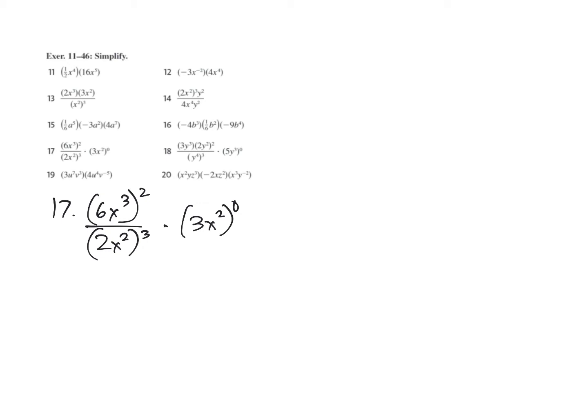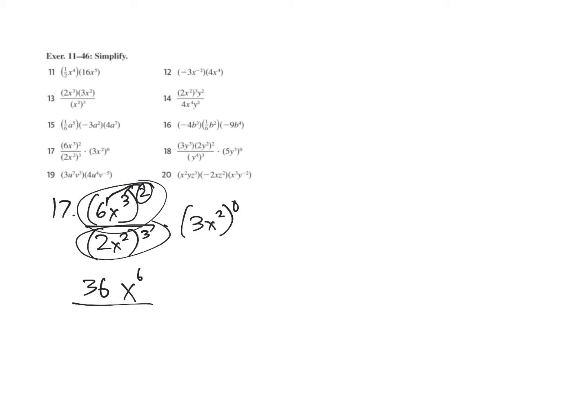Okay, so let's do the numerator first. So that's going to be 6 squared, which is 36, because you have to distribute to everything inside the parentheses. And the 6 has an exponent, remember, of a 1. So 6 squared is 36, and 3 times 2 is 6.